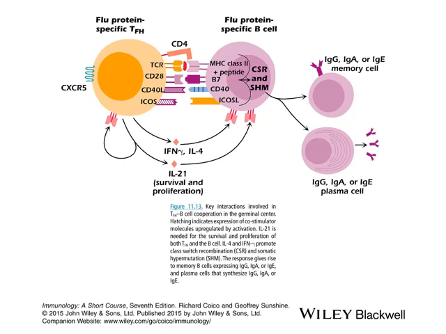the other important thing that you will see in this particular case is that this specific B cell, which is flu protein specific, would also have a receptor for both. So it has a receptor for Th1, Th2. It also has a receptor for IL-21.